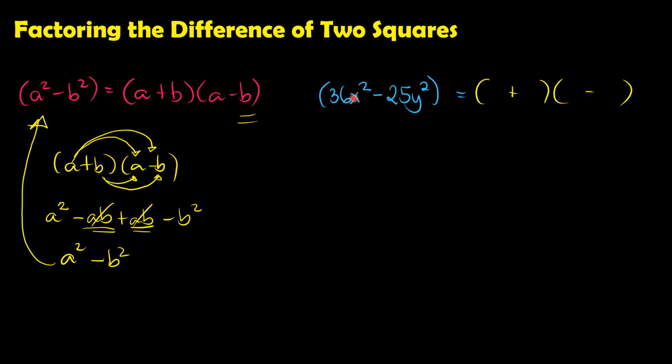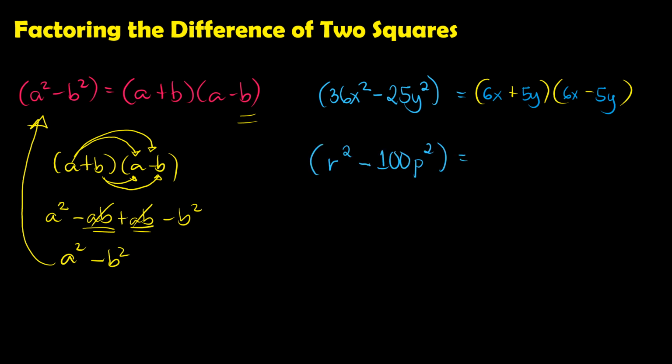Si x squared ay galing kay x times x. Si 25 ay from 5 times 5. And si y squared ay from y times y. So, that means our factor is going to be 6x plus 5y. The other one is 6x minus 5y. And that's it.